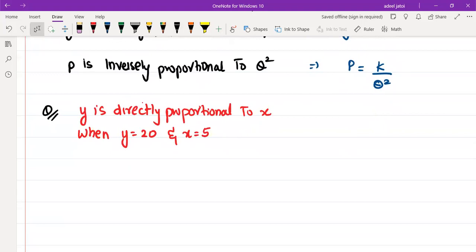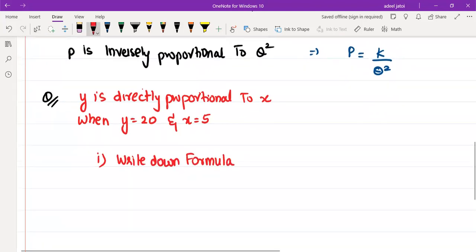The examiner can ask you, part 1, write down the formula or express the formula.